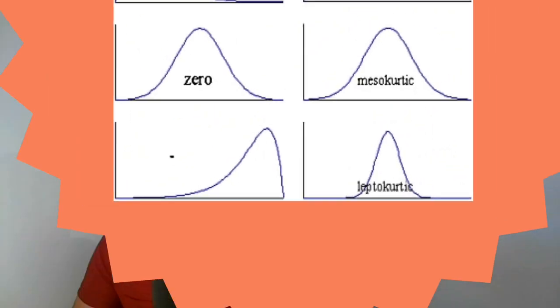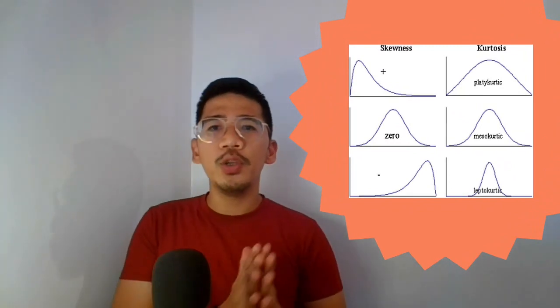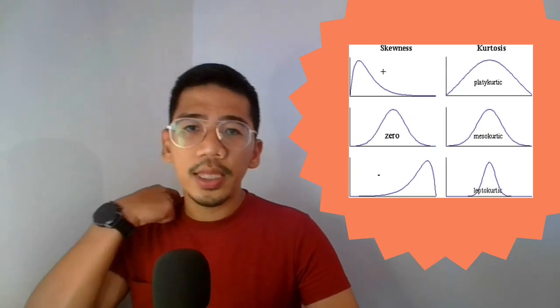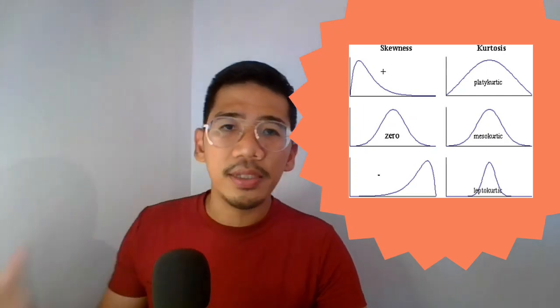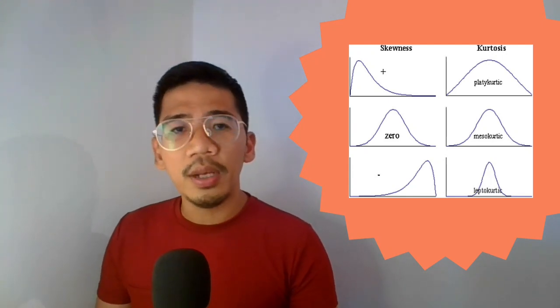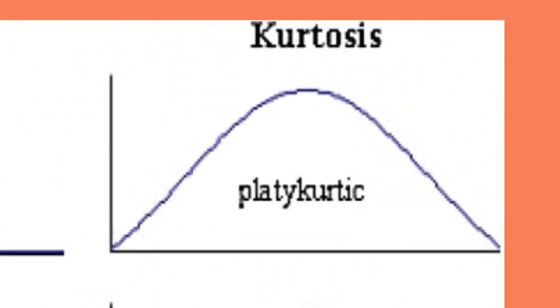In contrast, a distribution with negative kurtosis is relatively thin in the tails, has light tails that is, and tends to be flatter than normal. This distribution is called platykurtic. So here's an example of what a platykurtic distribution would look like.